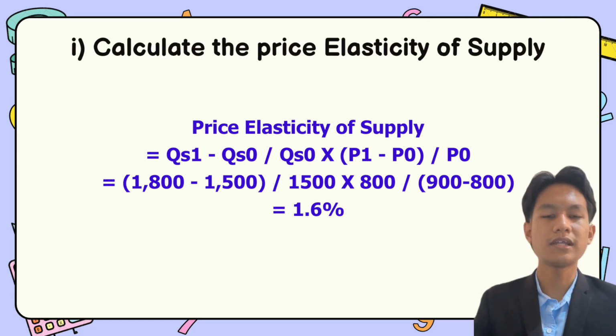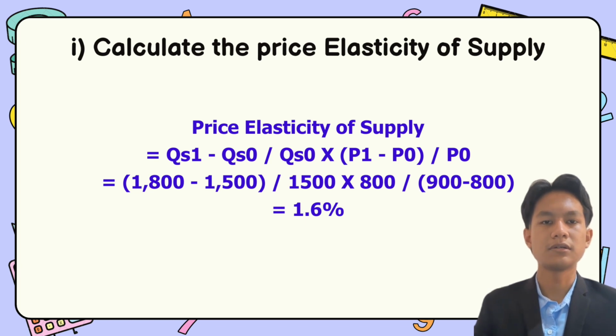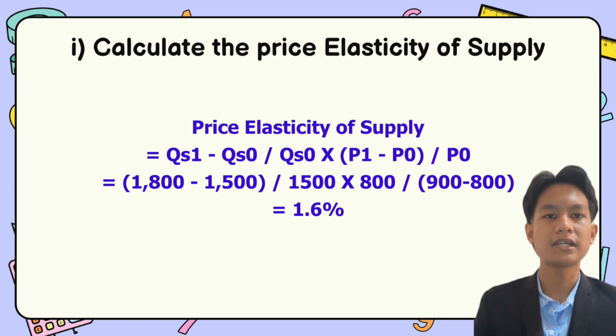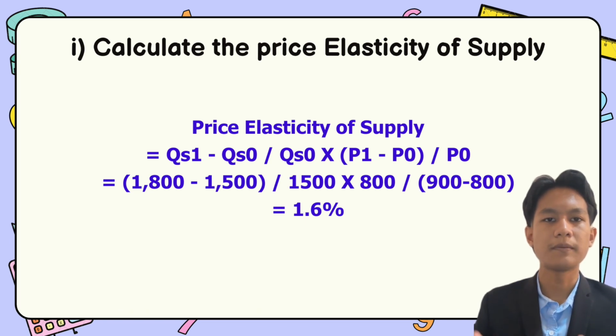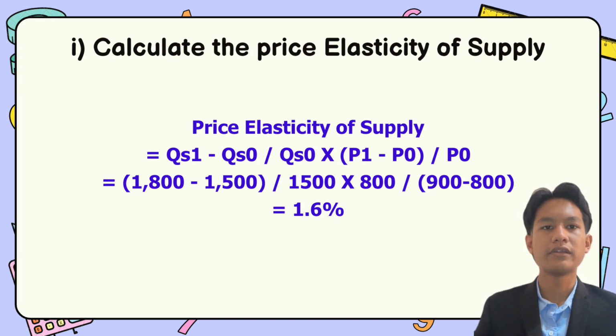Calculate the price elasticity of supply. So the formula for the price elasticity of supply is new quantity minus old quantity divided by old quantity, divided by new price minus old price divided by old price.